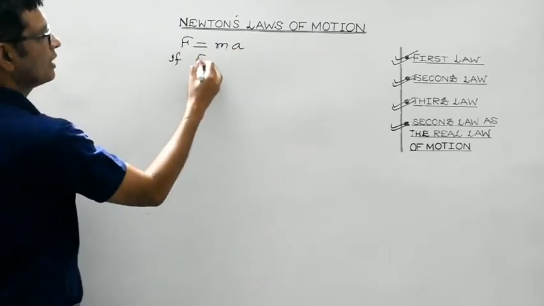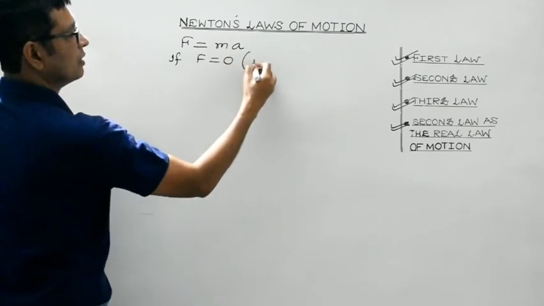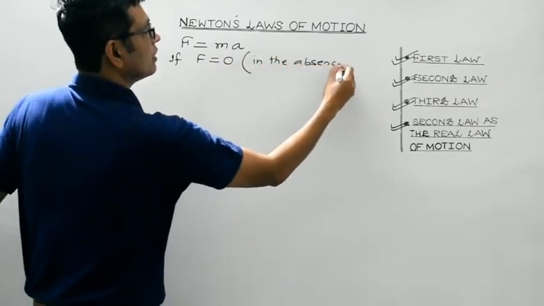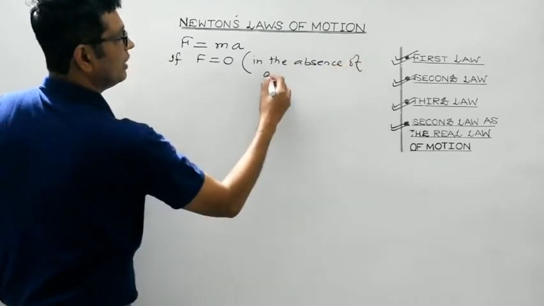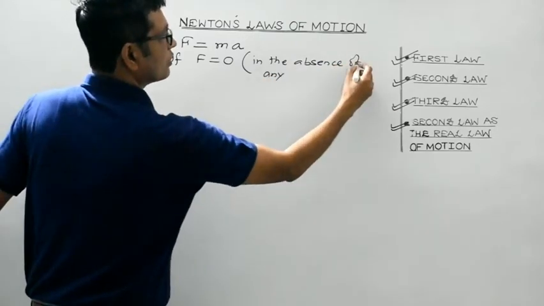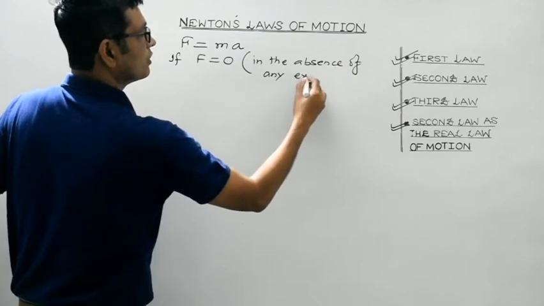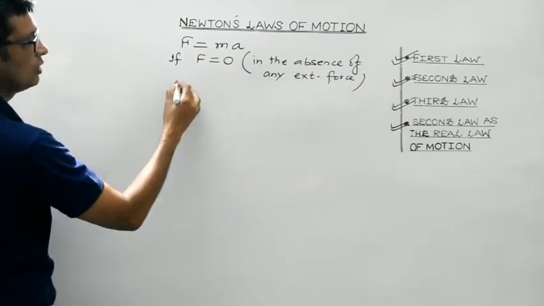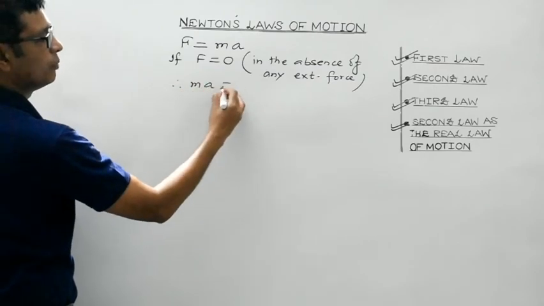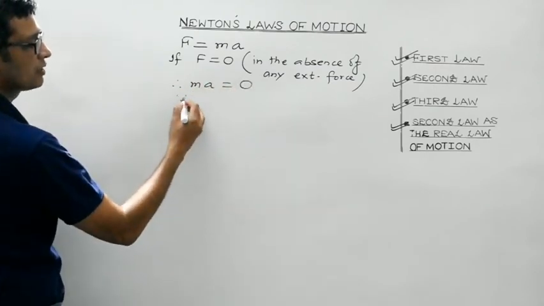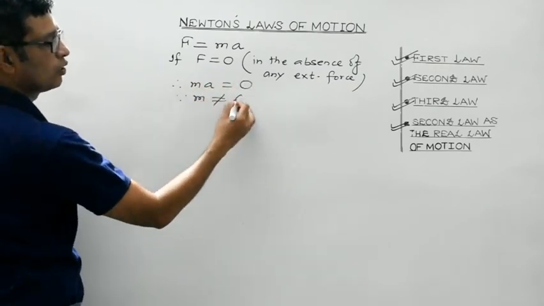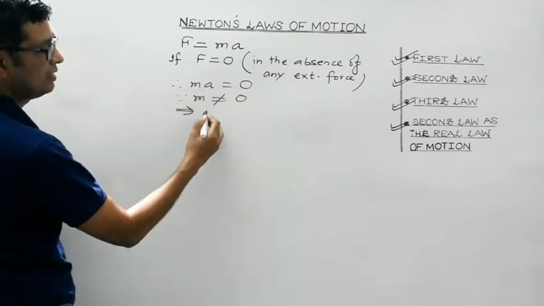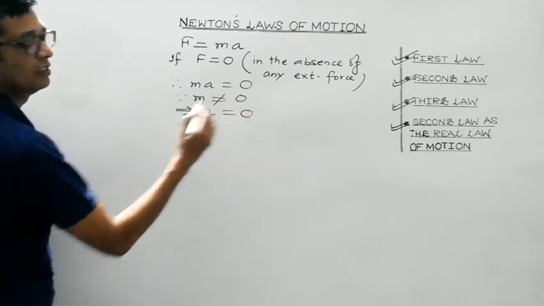If no force acts on the body, that is, in the absence of any external force, F is 0, therefore MA would be equal to 0. Now since the mass of a body can't be equal to 0, the product of mass and acceleration is 0, which means that acceleration would be 0.